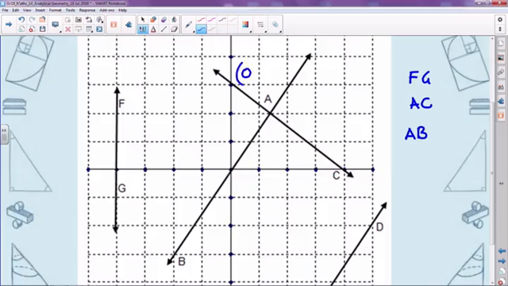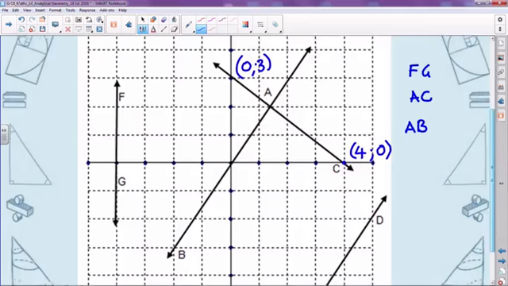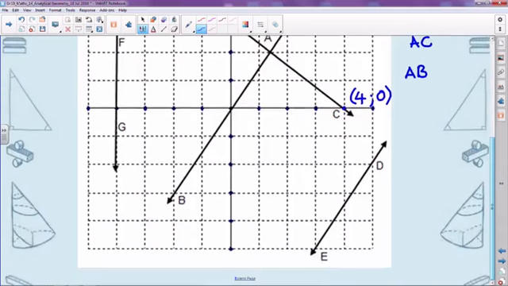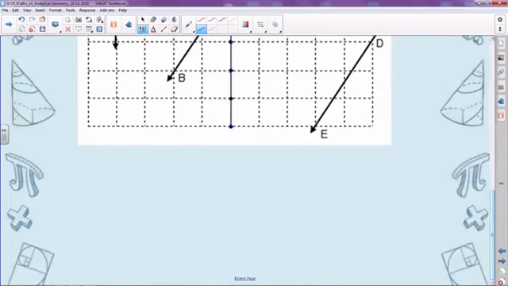This has an x value of 0 and a y value of 3. And this coordinate over here has a y value of 0 and an x value of 1, 2, 3, 4. So 4. So I'm going to start off with the line AC. Let's extend the page.